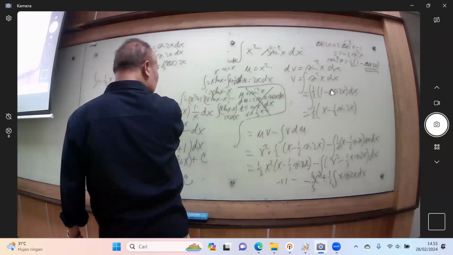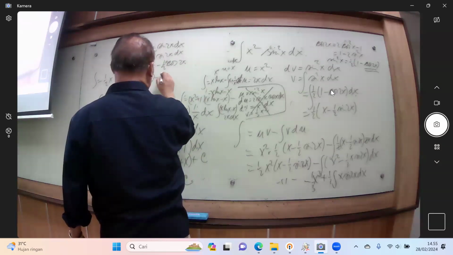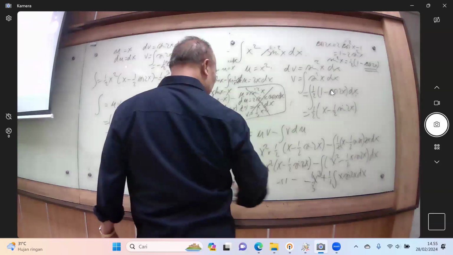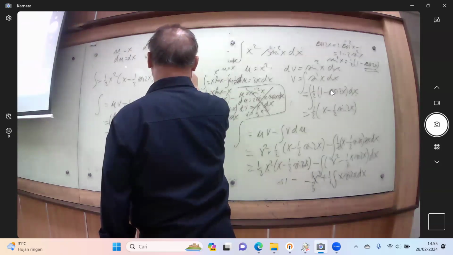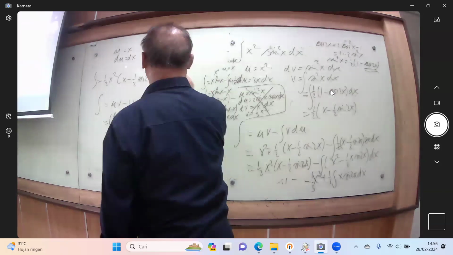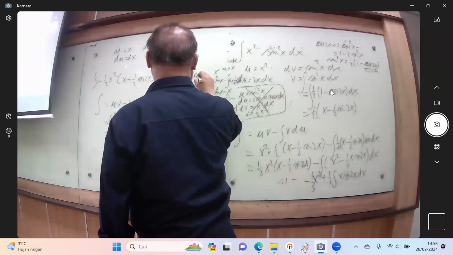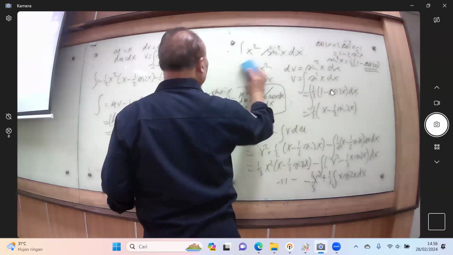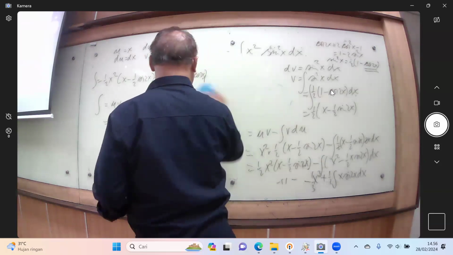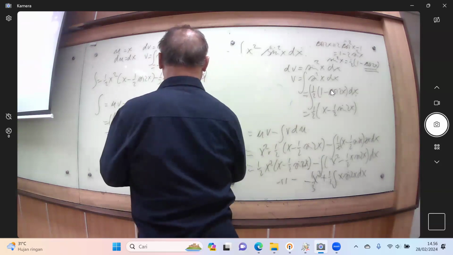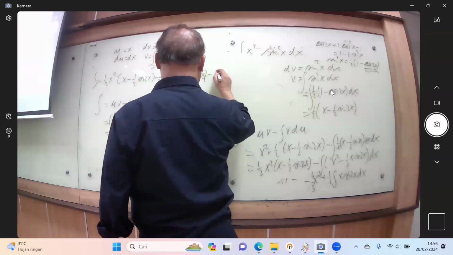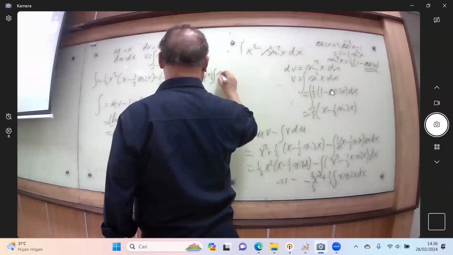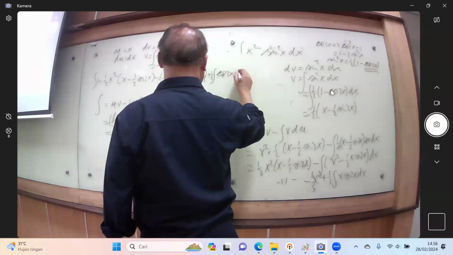So the result now is half x squared times sine 2x minus half, minus 1/3 x cubed, and then the last integral is half x times minus half cosine 2x, and then minus the integral, because it's minus, then plus half cosine 2x dx.